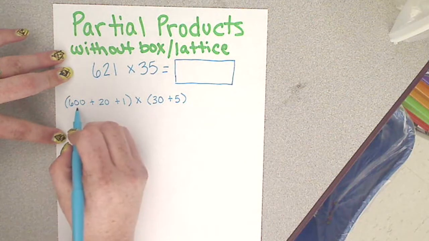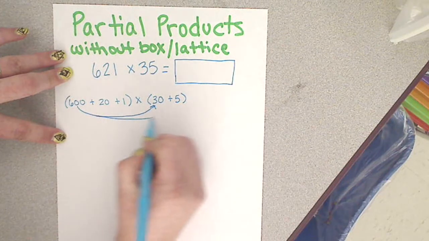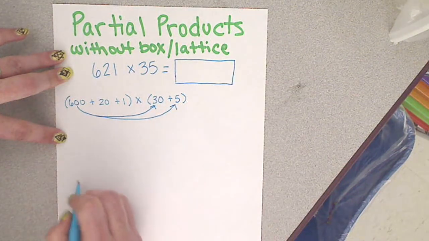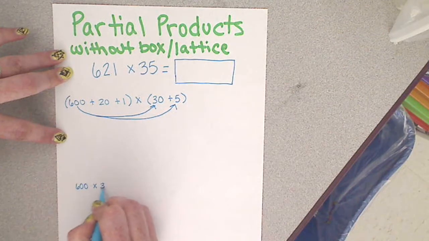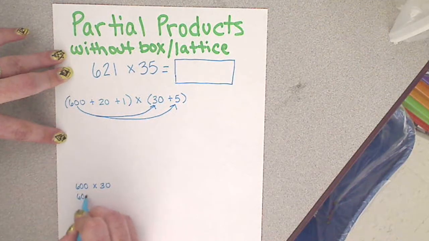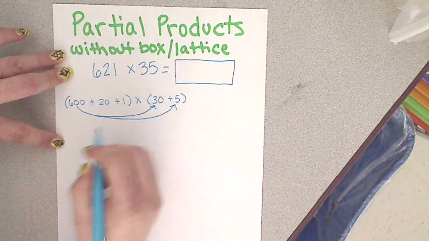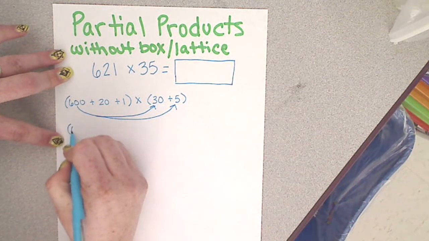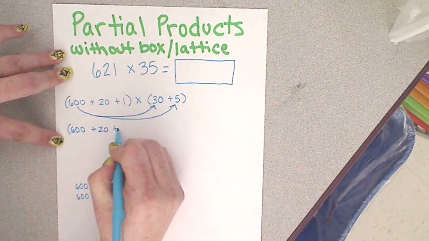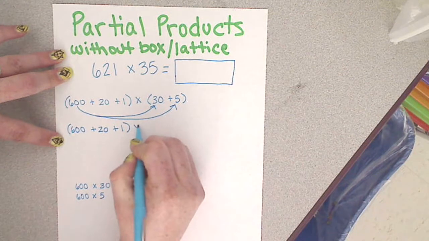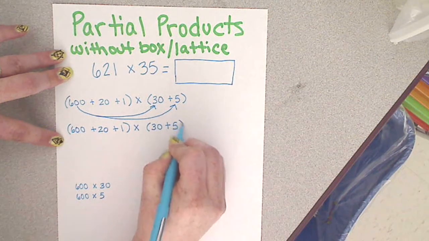So I have to remember that I have to multiply 600 times 30 and 600 times 5. So I'm going to come down here and write 600 times 30 and 600 times 5. I'm going to rewrite this: 600 plus 20 plus 1 times 30 plus 5.